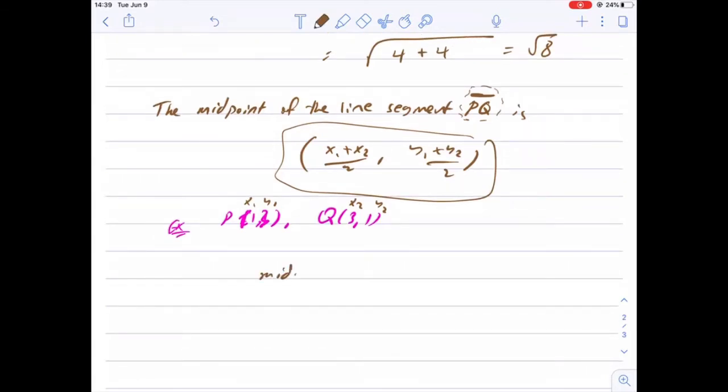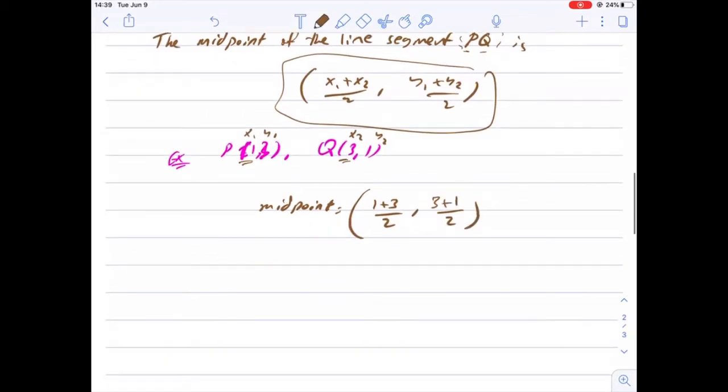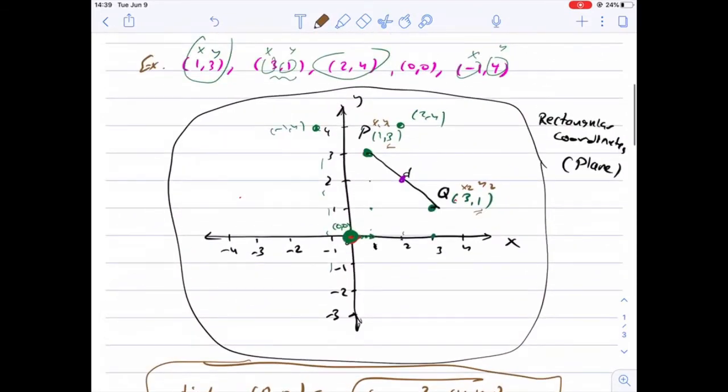The midpoint is x1 plus x2, I mean 1 plus 3 over 2, and y1 plus y2 over 2, and that's 4 over 2, 4 over 2, which gives 2, 2. So the midpoint here is 2, 2.